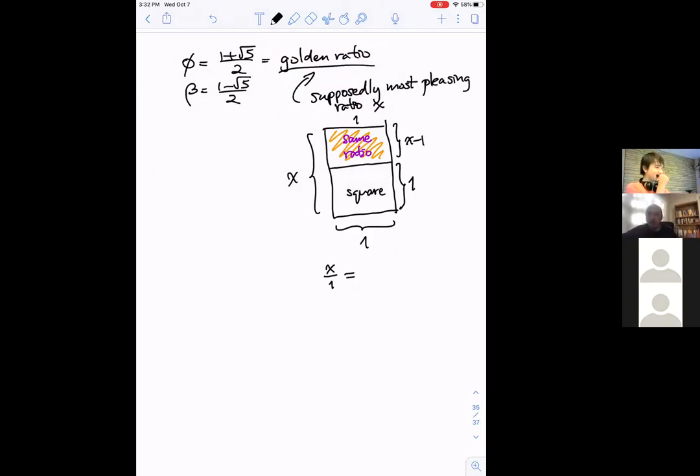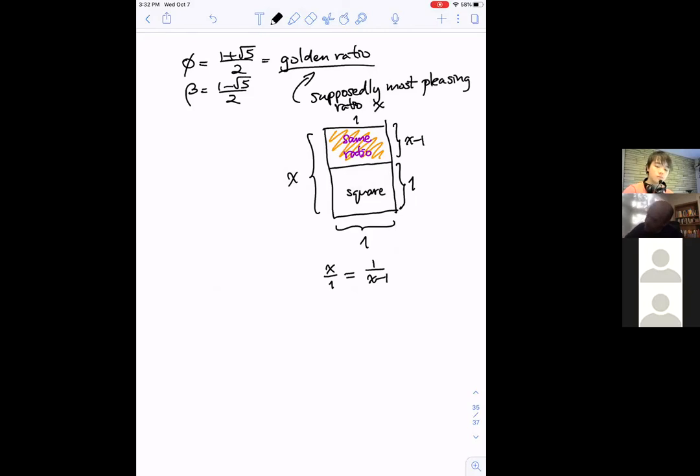Okay. And Theo's saying, I think, phi minus 1 is equal to 1 over phi. That might be the same thing. Let's see what happens when we try to derive it from what I'm saying here. We want x over 1 to be the same as 1 over x minus 1. Maybe that's the same as, it's close. Anyway, let's see what happens.